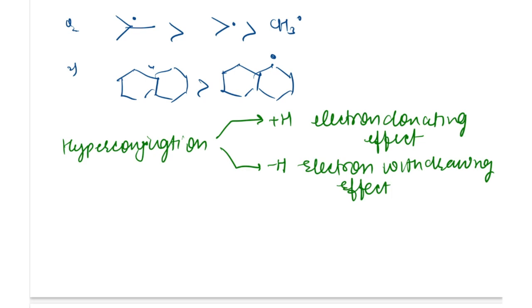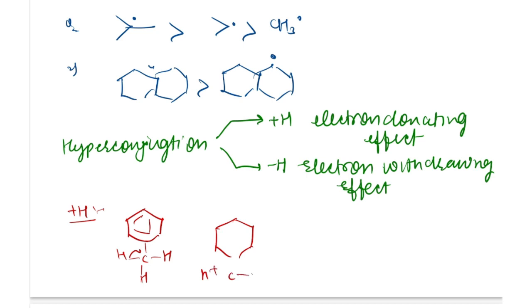So when we talk about the plus H effect, plus H effect is C, H, H, then H. When this hydrogen gives its electron pair over here, it will form the resonance, H plus and C, H, H double bond, and here will be a negative charge.